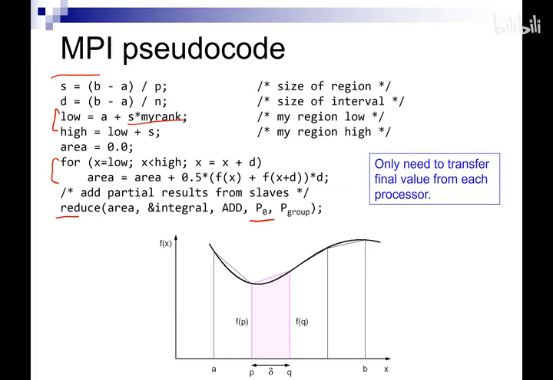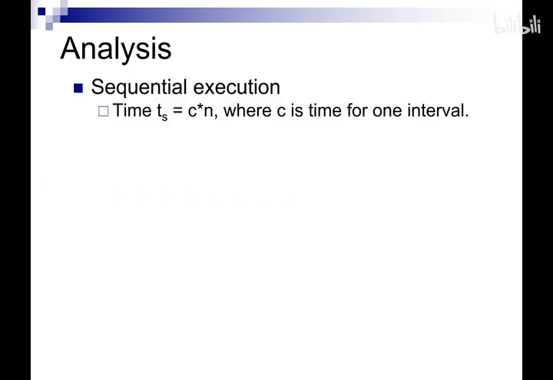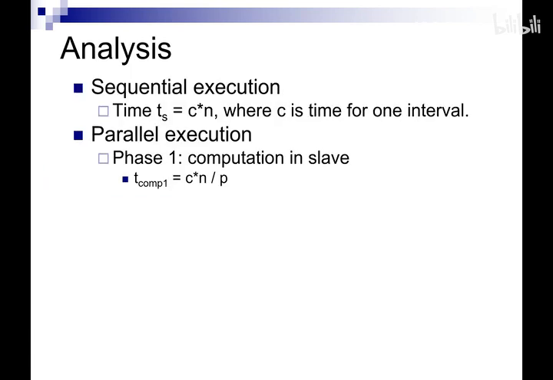Actually, you don't even need to tell the processes. They know the function, and let's say they know the overall interval from A to B. So they know exactly the parts that they're responsible for, based on their rank. That's over here, and so they can just go ahead and add that up without doing any communication with the master. So the only communication we need is at the end, where the master needs to get all these values back.